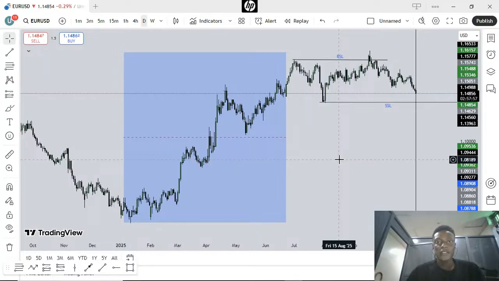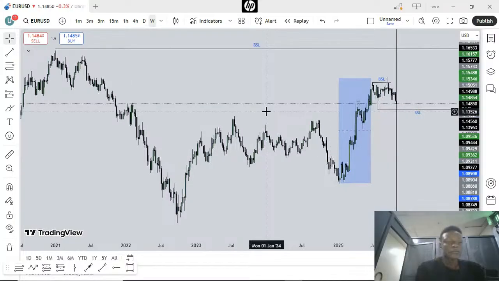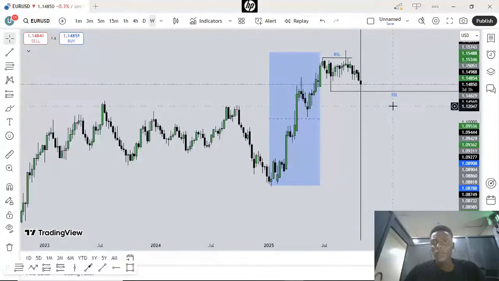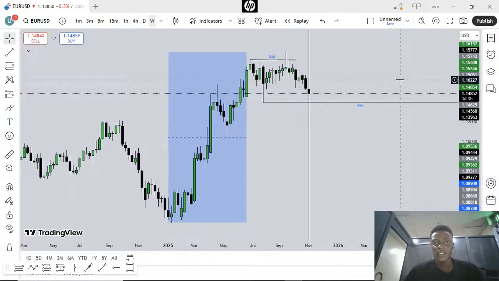Very quickly, I have on my screen the weekly time frame for EUR/USD.